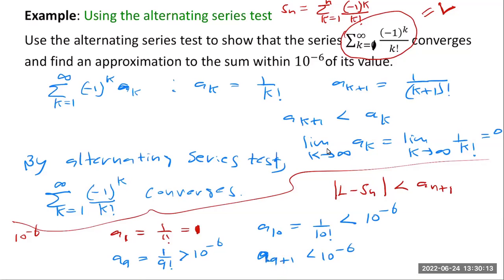Because the absolute value of this difference is less than A(9+1), if you take n to be 9, the corresponding partial sum that will give you the approximation within this accuracy will be S9. With n equal to 9, you plug in 9 here. So S9 is the approximation.